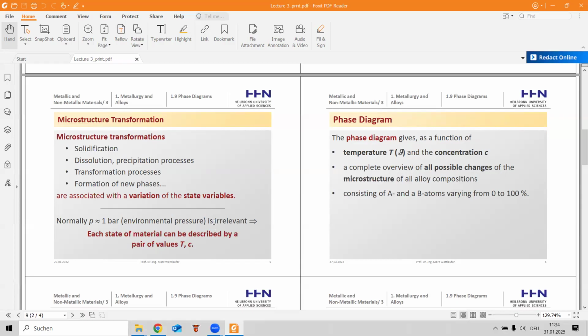Each state of a material can be described by a pair of values, temperature and concentration. So the phase diagram gives us temperature and concentration, with an overview of all possible changes to the microstructure of compositions consisting of A and B atoms varying from 0 to 100%.